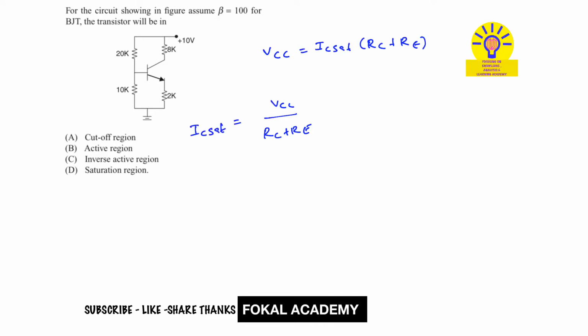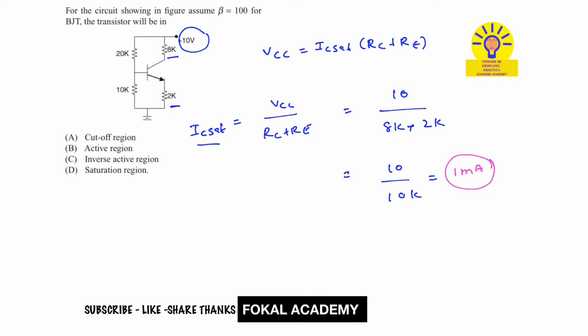Now substitute here. VCC is 10 volts, so 10 by, RC is 8K plus RE is 2K. So we get 10 by 10K, that's equal to 1 milliampere. So we got IC saturation value equal to 1 milliampere.